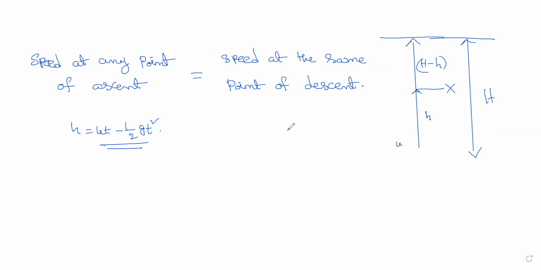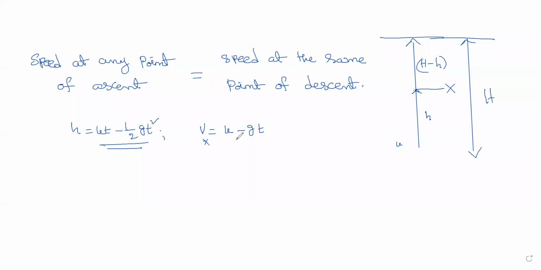And now we have to see the velocity at this point. Velocity at this point is given by v is equal to u plus at, so u minus gt. That's how one can calculate v. At this point, v is equal to u minus gt.